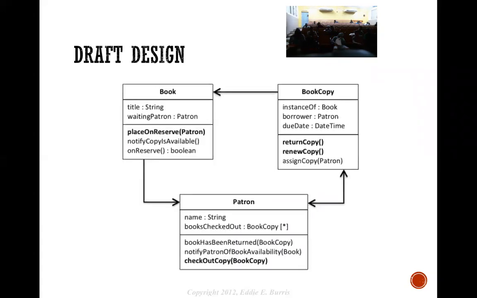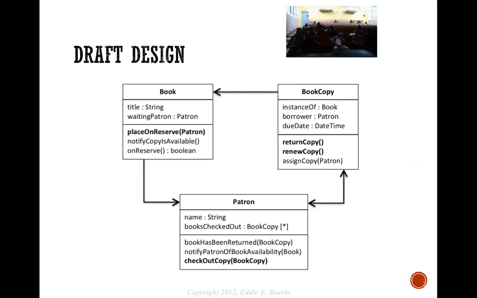Now, if you look back at this, in order to check out a book, you see that highlighted operation inside of Patron. In order to check out a copy of a book, we need a book copy object. So that is actually a dependency, remember?